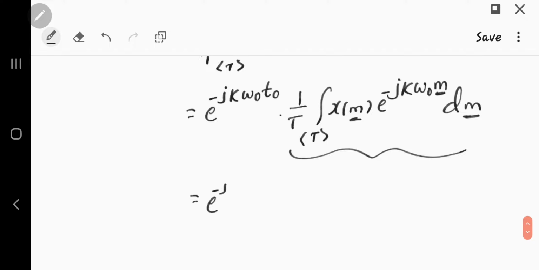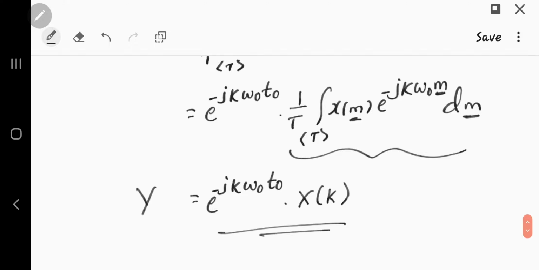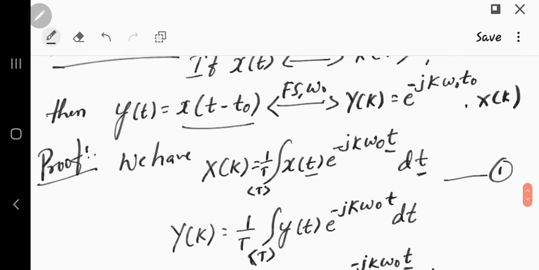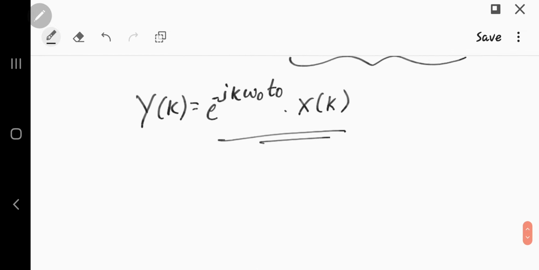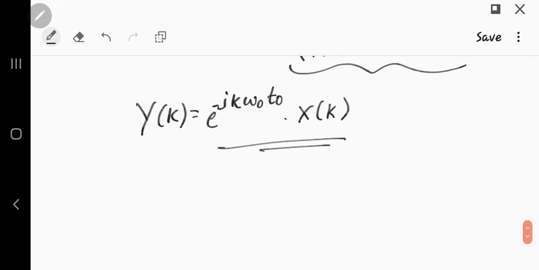So this is e power minus j k omega naught t naught into x of k. So to the LHS we started with y of k. So hence the proof here. So this is what we are supposed to prove. So that's what we get here in the end. Okay. So this is about time shift.